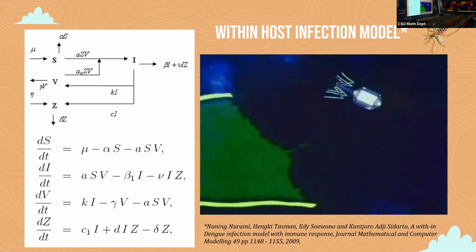So we have this set of differential equations. We have S for susceptible cells, where we assume monocytes and macrophages, then I for infected cells. Susceptible cells interact with free virus, V, the free virus, then produce lysis with the K parameter, which introduces a new million virus, then our immune response takes place.